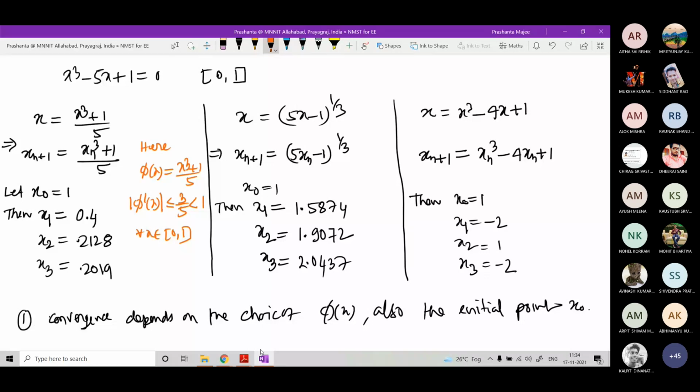In the second case, what is phi dash x? What is the maximum value of phi dash x in the interval 0 comma 1? Max of mod phi dash x equals to, tell me.